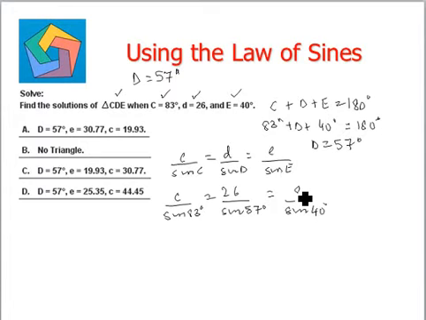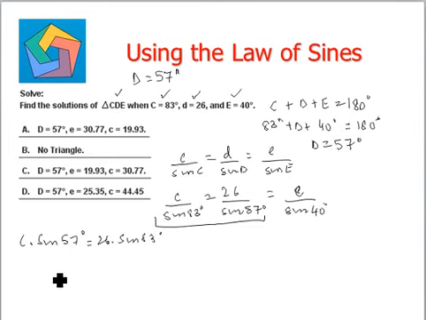So from the first two ratios we can find the value of c. So c times sine of 57 degrees equals 26 times sine of 83 degrees.